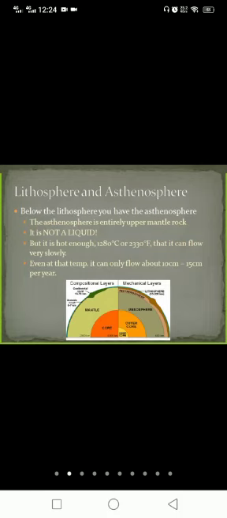So now these are the mechanical layers. You can see here we have compositional layers: core, mantle, and the upper part, the crust. This thick layer is continental crust. This thin layer is oceanic crust.